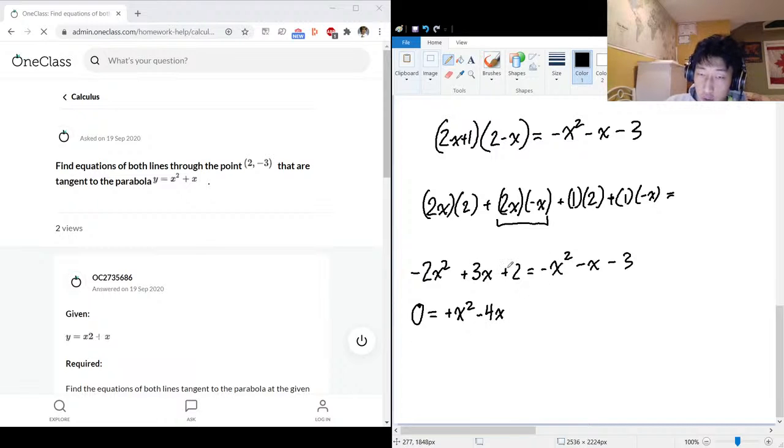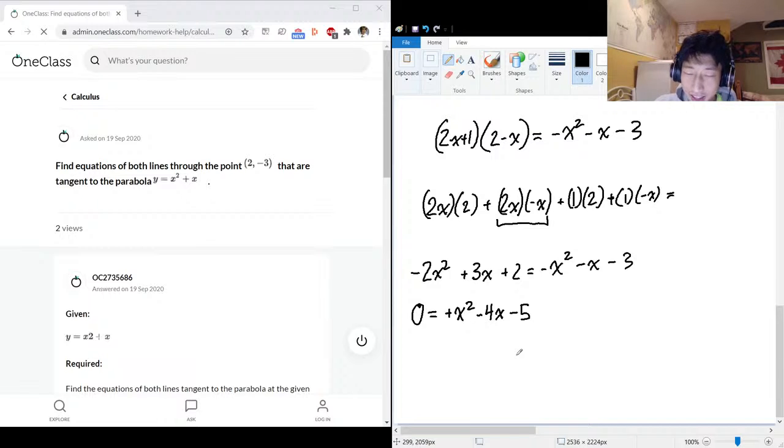And we're going to subtract 2 from both sides, negative 5. How do we figure out what x this is? It's hard to factor because the last digit here, 5, is a prime number. So we're going to need to use the quadratic formula.